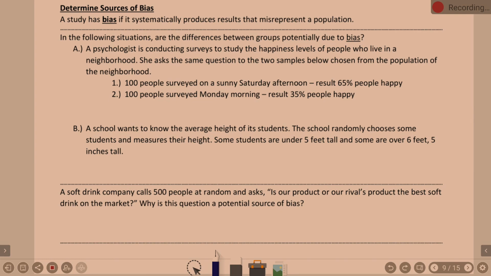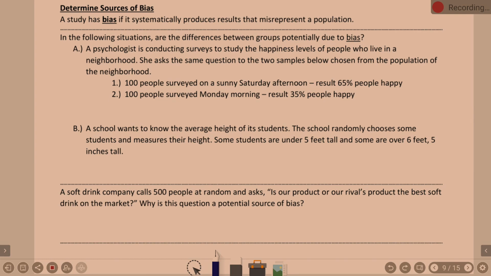Are you going around Saturday afternoon and grabbing people who are out and enjoying their time off and the weather outside? And Monday morning, are you grabbing people as they're getting in their cars and heading out to work? So, yeah, the key here is when the surveys were performed could cause some bias.